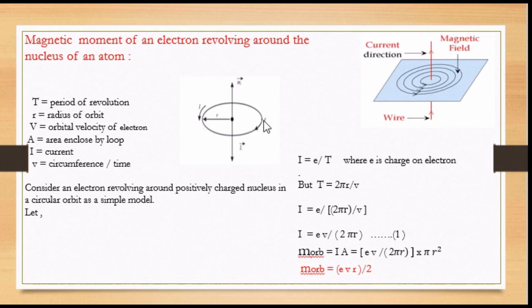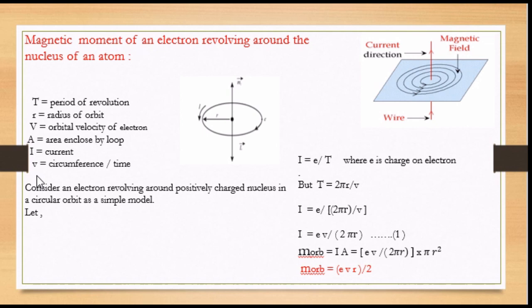This electron is revolving with some velocity, and that velocity is v. And A is the area enclosed by the loop. This is the loop whose area is A, which is a circle. Then I is the current flowing through this loop, which is in the anti-clockwise direction.